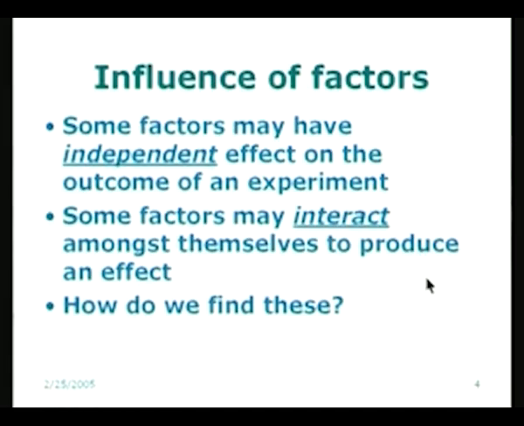So, the questions we are going to ask, when we have identified a certain process or a certain experiment we have in mind and before we conduct the experiments, is what are the factors which play a role.